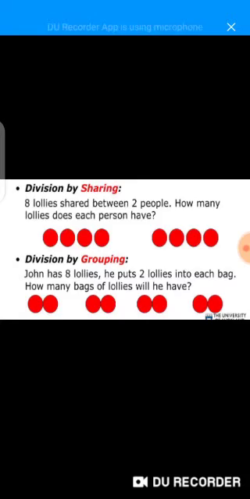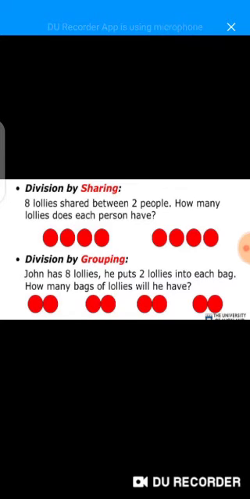Now, when we are dividing by sharing, for example, 8 lollies shared between 2 people. How many lollies does each person have? When we are dividing by sharing, we get our answer by counting the number of items each person gets. Now, we have 2 persons here. 8 lollies has been shared between 2 persons.